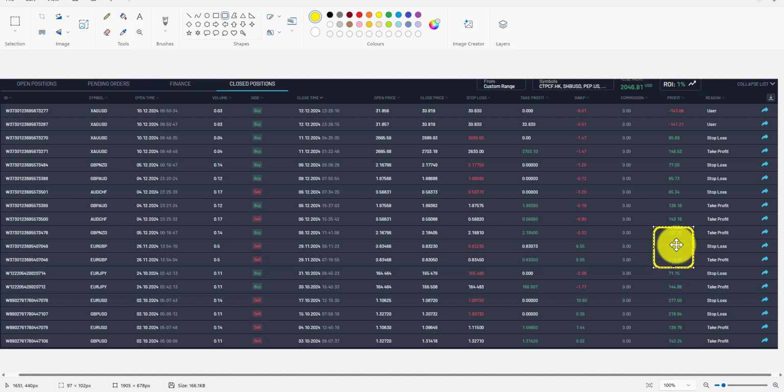Look at the euro pound right here. It made $272 on the trailing exit, and the target here made 156. Yes? So the target made less.